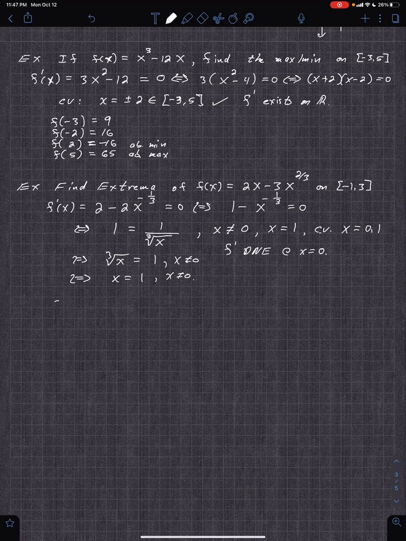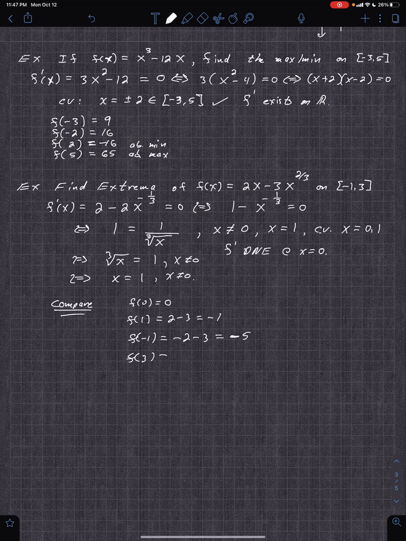So now you compare. F of 0 is 0. F of 1, 2 minus 3 is negative 1. F of negative 1 is negative 2 minus 3, which is negative 5.